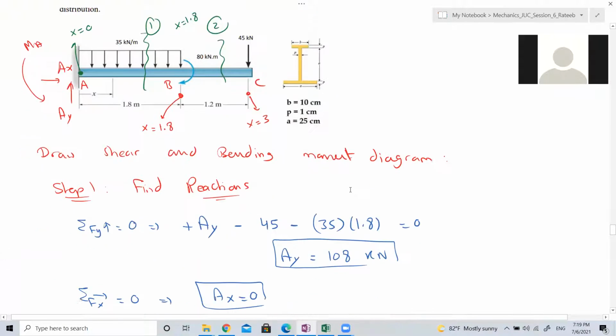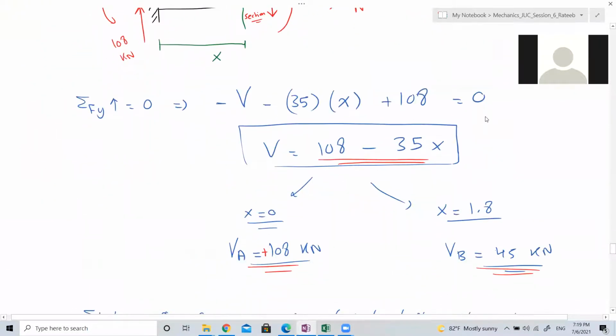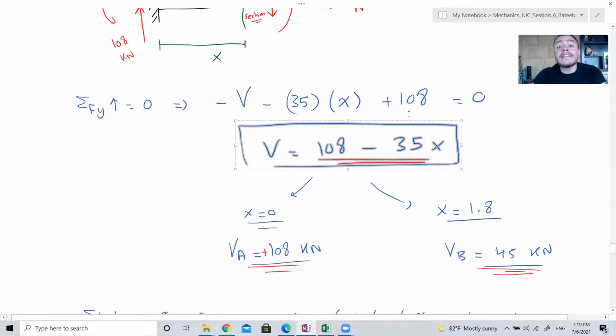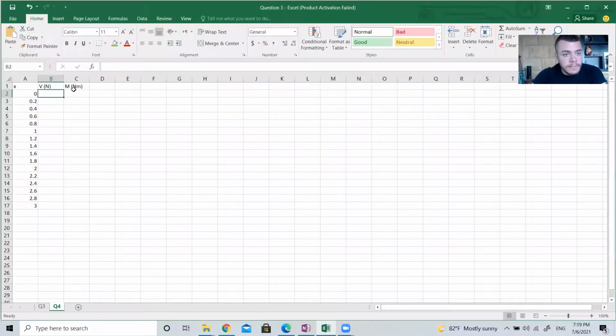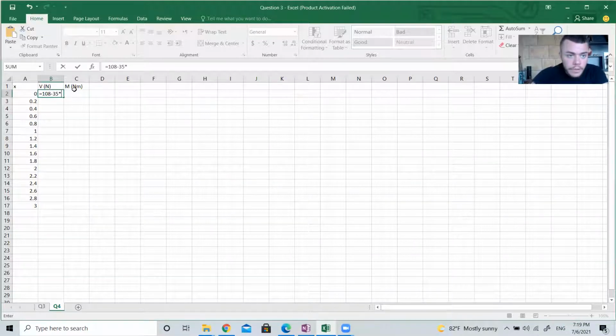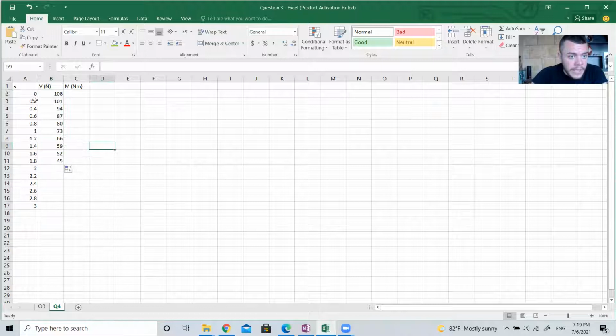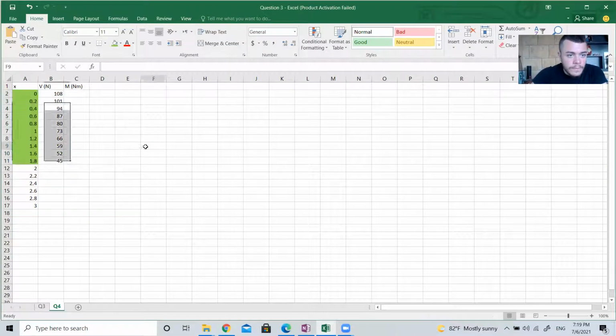Yes. The shear force for the first cut was 108 minus 35x. So I'll put here equal 108 minus 35 times x. The first cut was from here until 1.8. This was the first cut and this was the second cut.